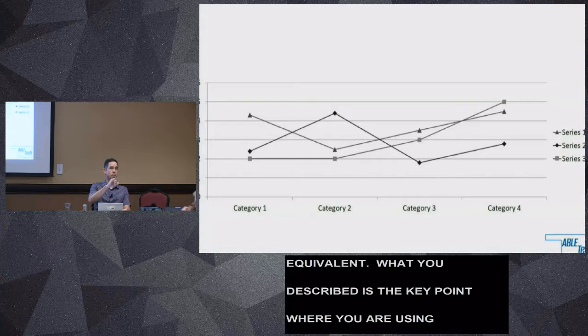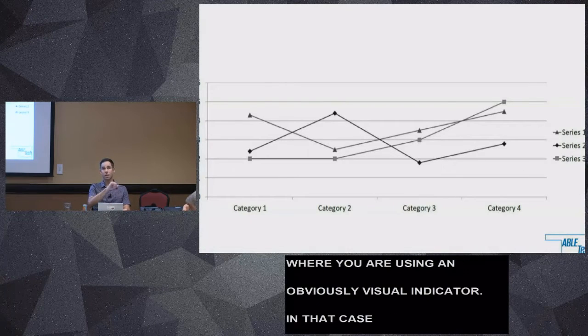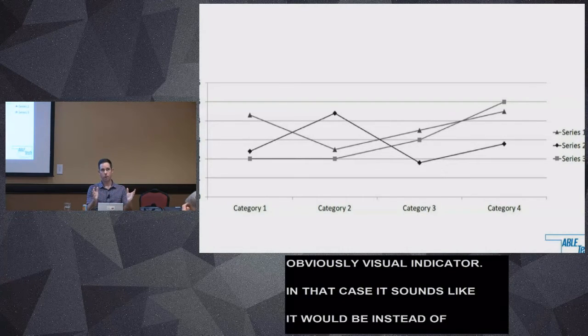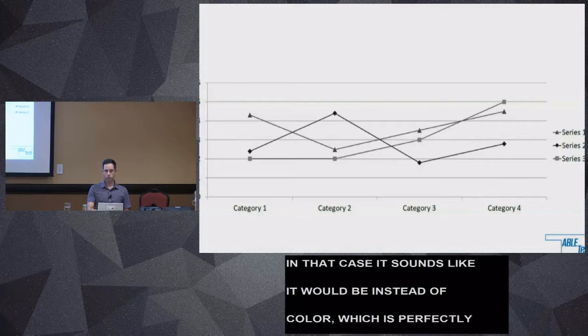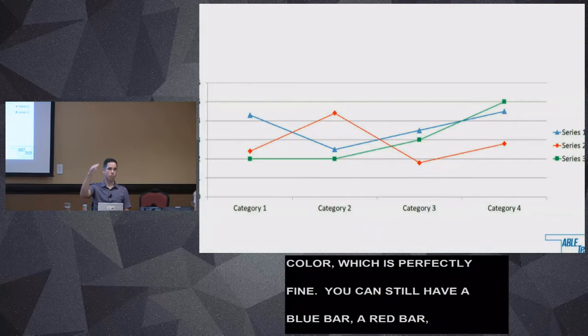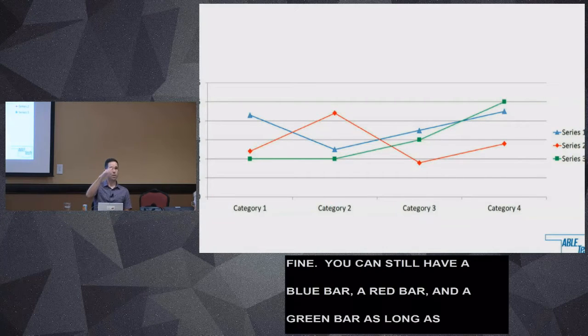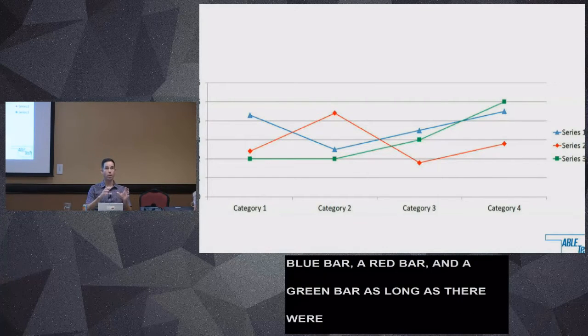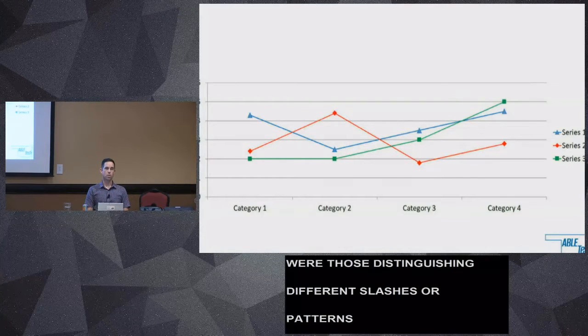In that case, it sounds like it would be instead of color, which is perfectly fine. But you could still have a blue bar, a red bar, and a green bar, as long as there were those distinguishing visible, different slashes or patterns that gave you that extra cue to tell which is which.